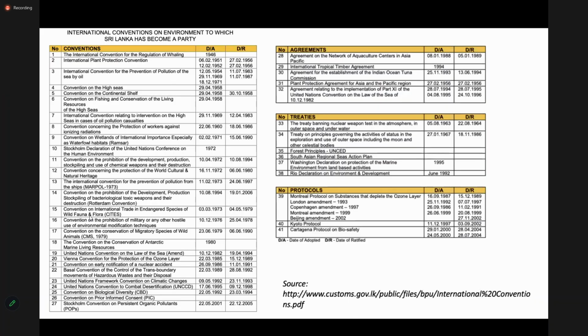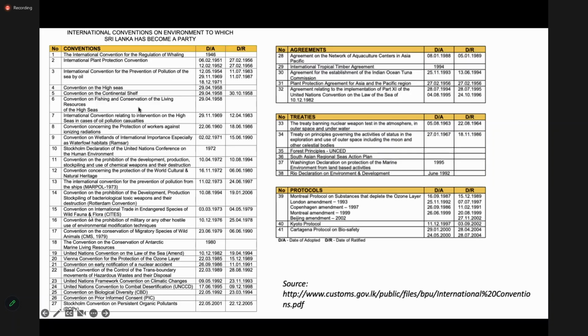So likewise, Sri Lanka is party to many different international conventions on environment, agreements, treaties, protocols, etc. This is just some of that list taken from the customs website.